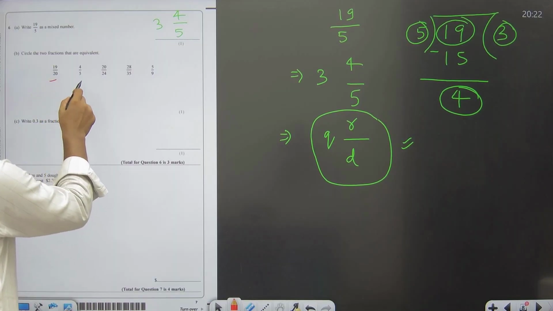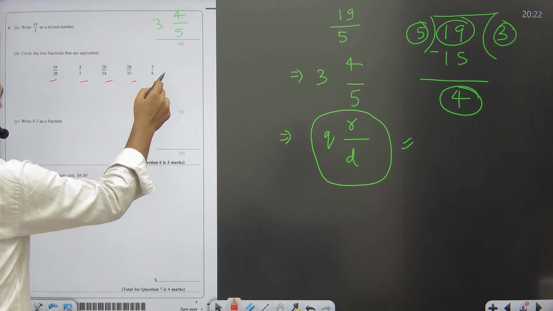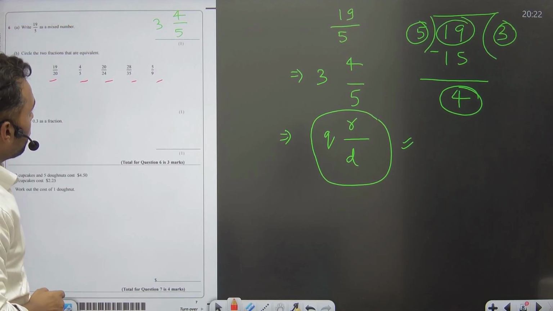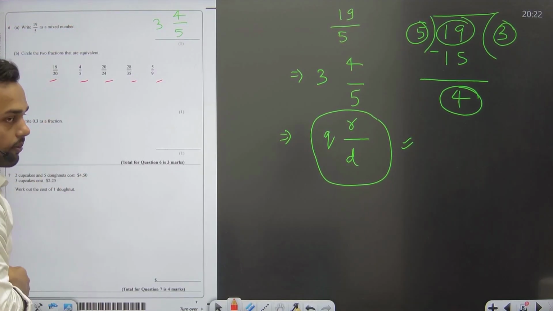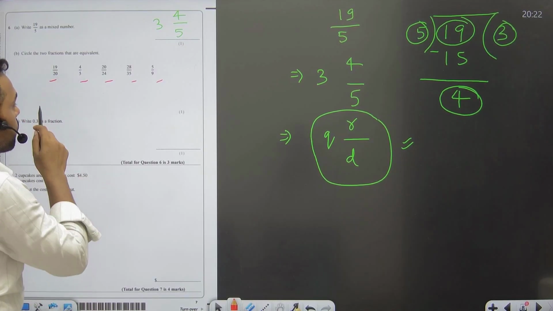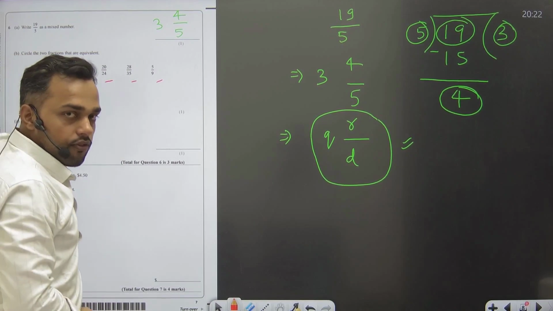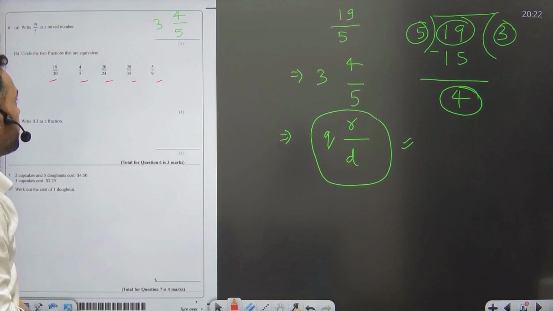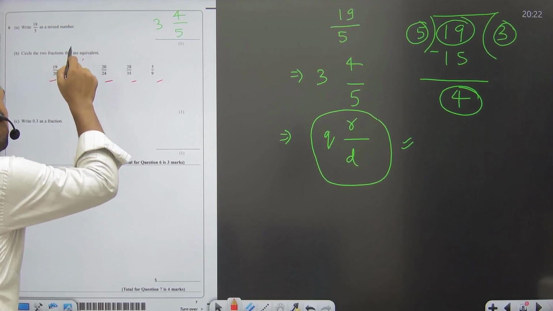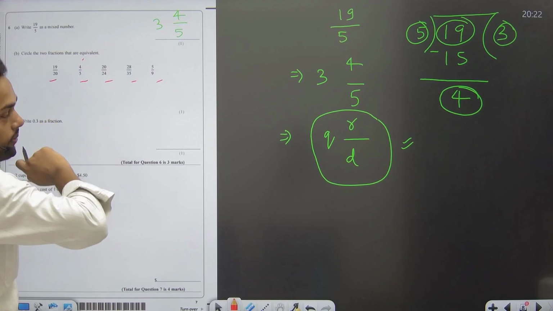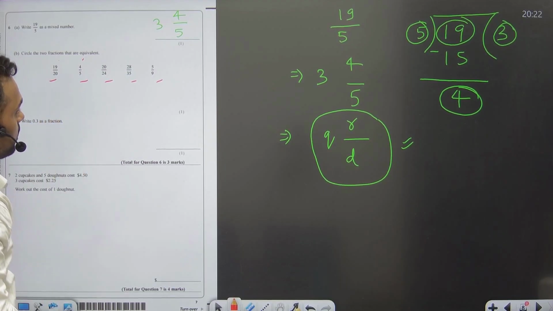You will see 19 by 20, 4 by 5, 20 by 24, 28 by 35, 5 by 9. Take the first two fractions, 19 by 20 and 4 by 5. We need to analyze the denominator. You will see that 5 cross 4 will be 20, but 4 cross 4 will be 16. So they are not equivalent fractions.